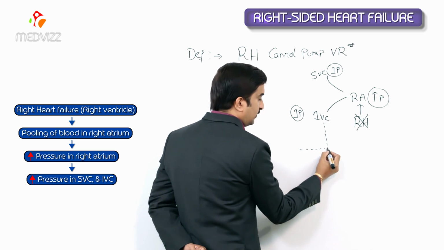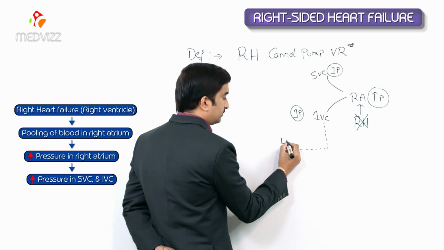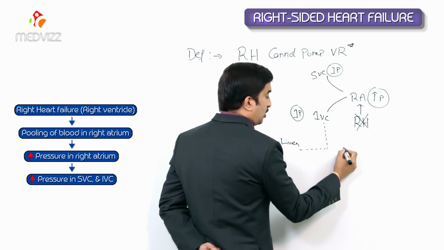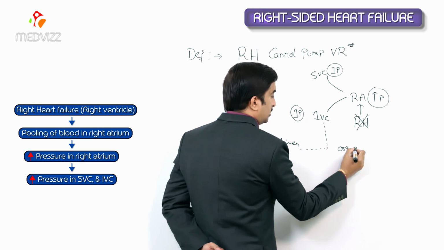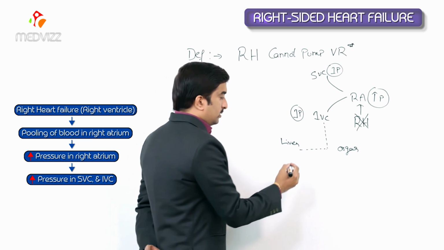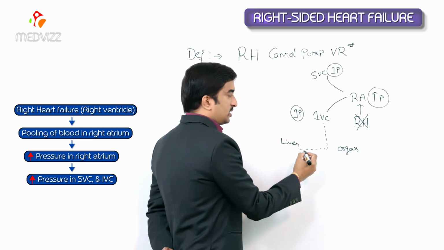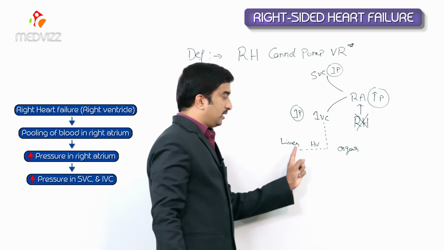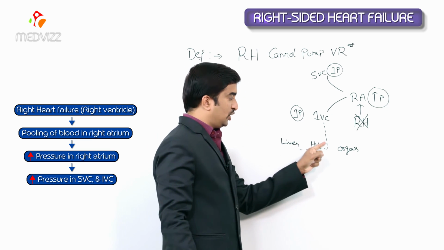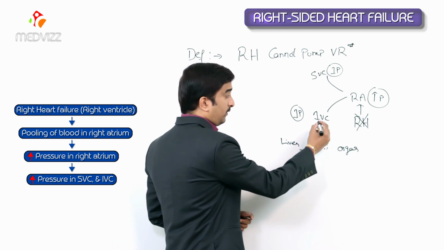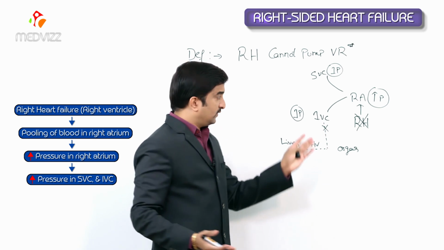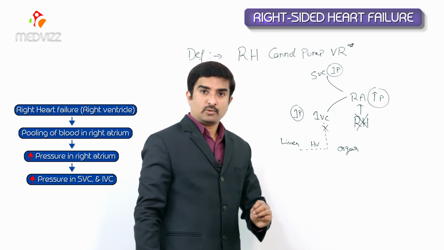blood, that is venous blood, from the liver. It also receives blood from various organs. The liver drains its venous return into the inferior vena cava by means of the hepatic vein. The hepatic vein cannot drain its blood into the inferior vena cava because the inferior vena cava is blocked, because there is an accumulation of blood, because it cannot drain into the right atrium.